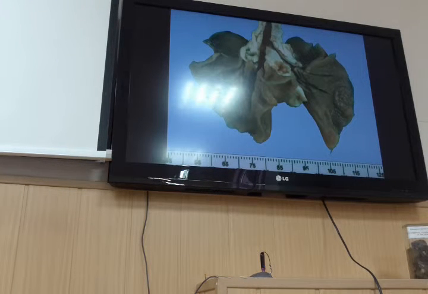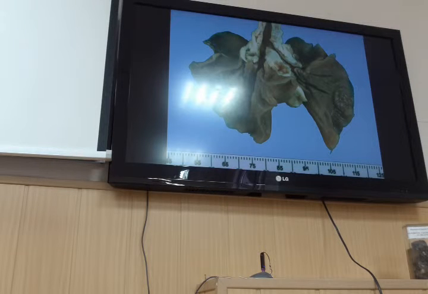Primary tuberculosis complex, primary affect localization subpleural, size about 1 centimeter, color yellowish gray, consistency soft, pleura is covered with fibrin threads.